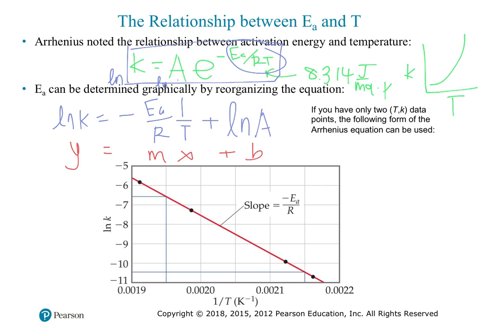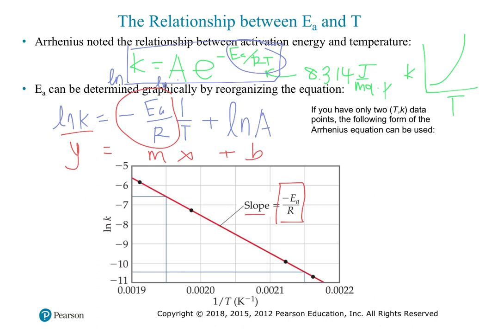So in this case, if you were to plot the natural log of all of your rate constants versus 1 over temperature, you'll get a line where the slope is equal to negative activation energy divided by R. So if you take a bunch of different measurements at a bunch of different temperatures, and you've graphed the natural log of the rate constant over 1 over temperature, whatever slope you get, you'll just multiply your slope by negative R to get the activation energy.